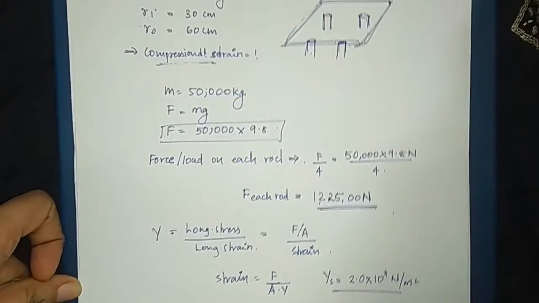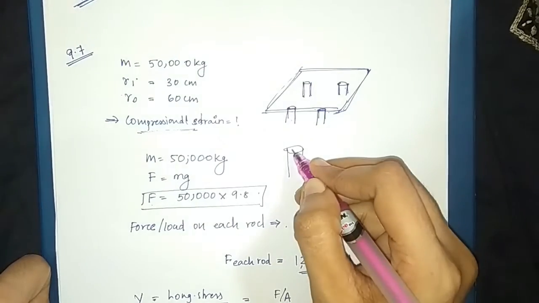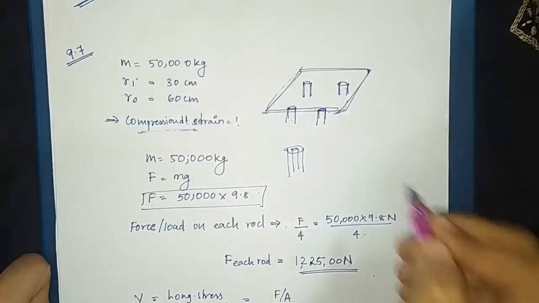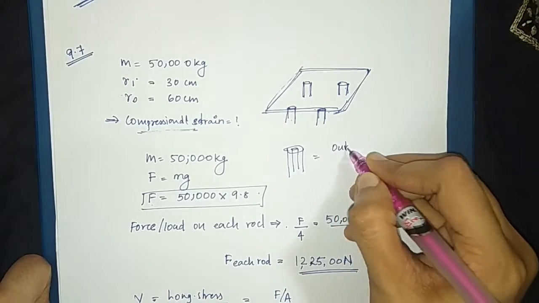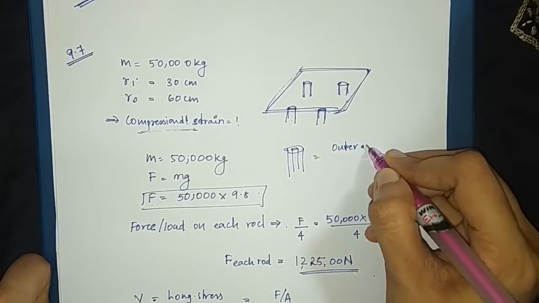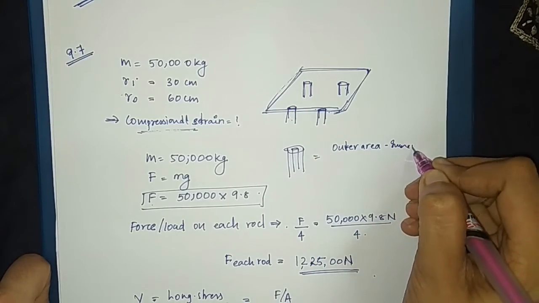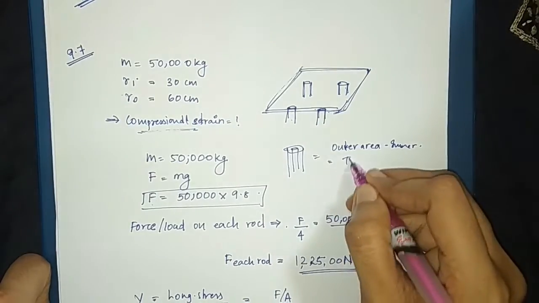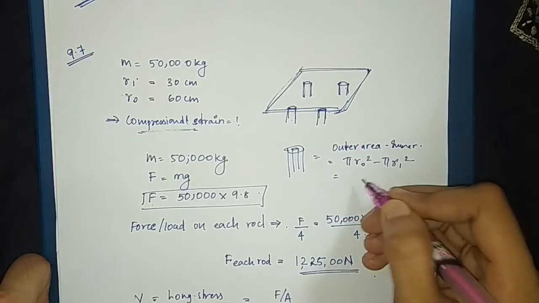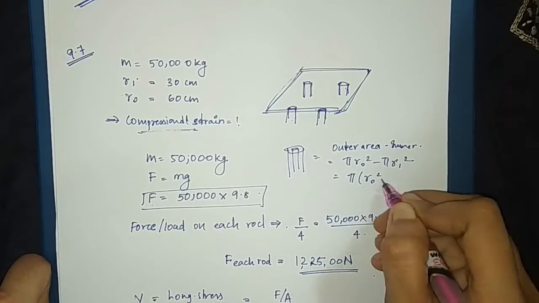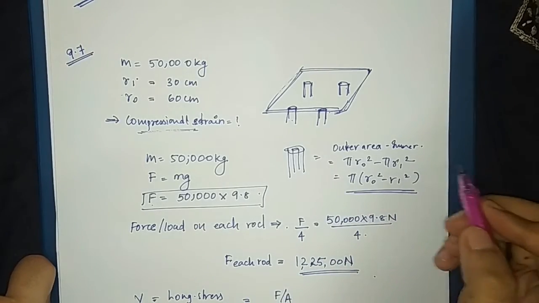So the area of the cylinder, if this is a cylinder and inner and outer radius is given, will be the outer area of the cylinder minus the inner area. So it will be pi r0 square minus pi r1 square. That will be pi times r0 square minus r1 square. That is the area of the hollow cylinder.